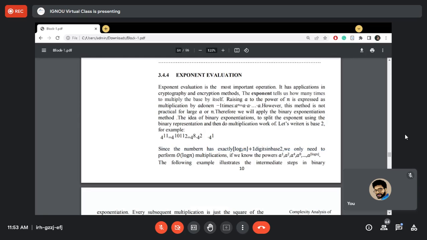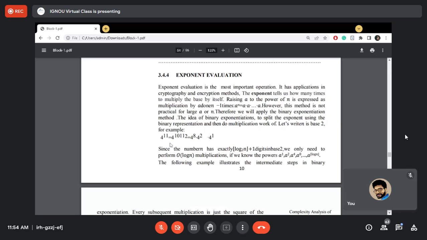That means log n. Because we are splitting our 4 to the power 11 into a very small number of operations. Maybe I have the 4 to the power 4 answer, so I can multiply 4 to the power 4 by 4 to the power 4 to compute 4 to the power 8.